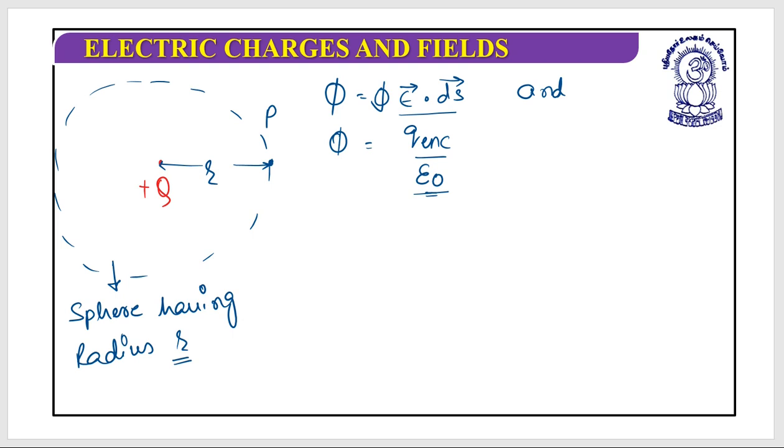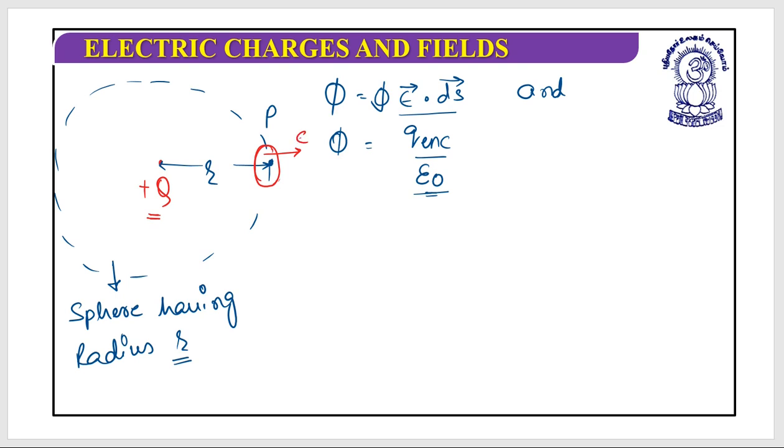Let's take any arbitrary point. I will take this point, and at this location, I need to find the direction of the electric field. What is it? Tell me. It's a plus Q charge. We have learned in electric field lines, or electric lines of force, that when a plus Q charge is there, the direction of the electric field will be radially outward.